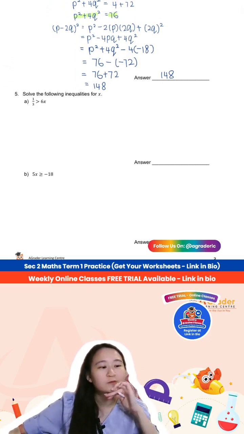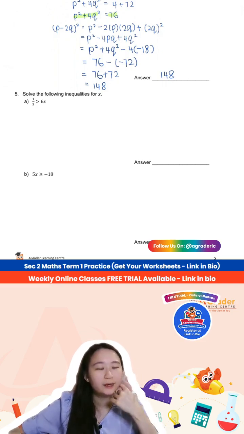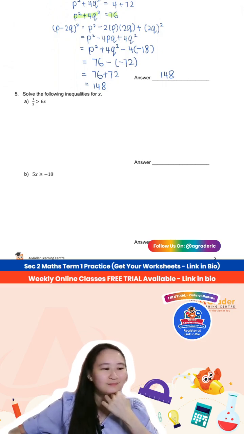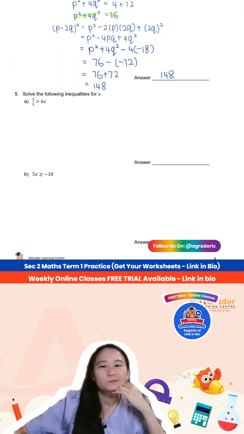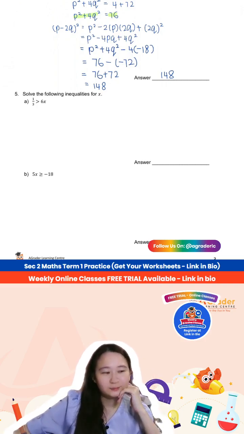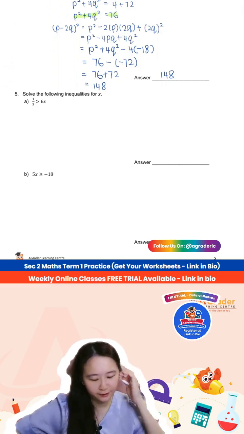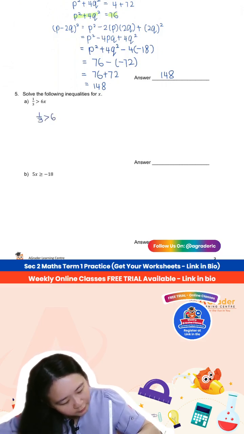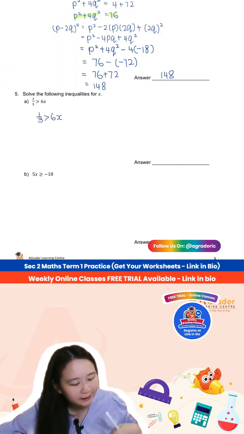Okay, 1 over 18 is correct. So x is more than or less than? Greater than x. Yep, x is less than 1 over 18, correct. Good job. So 1 over 3 is greater than 6x.